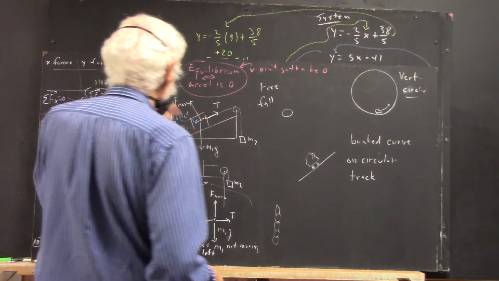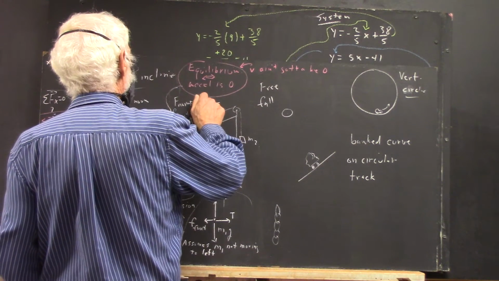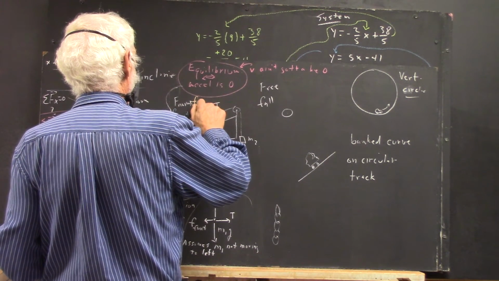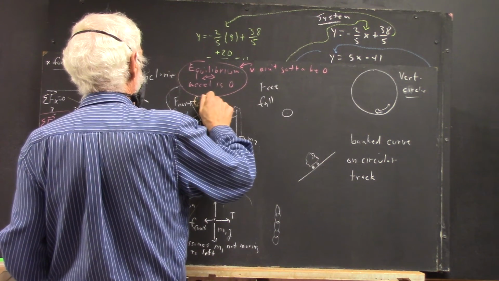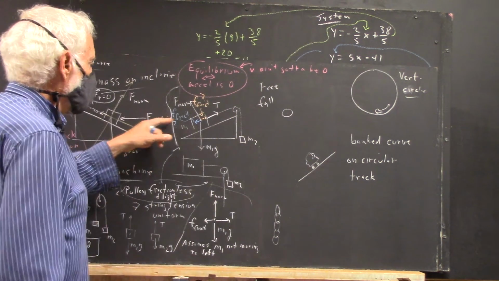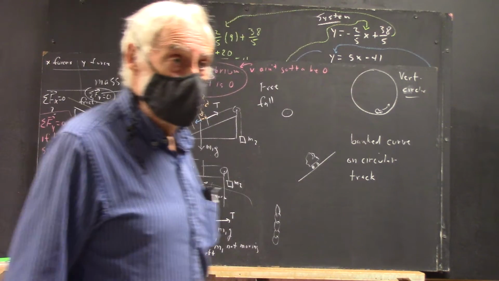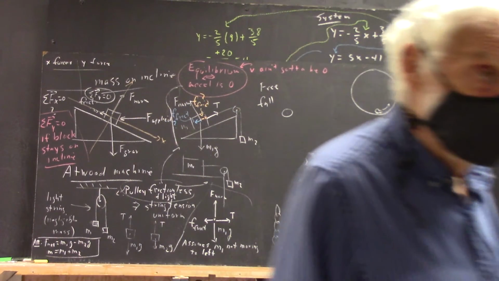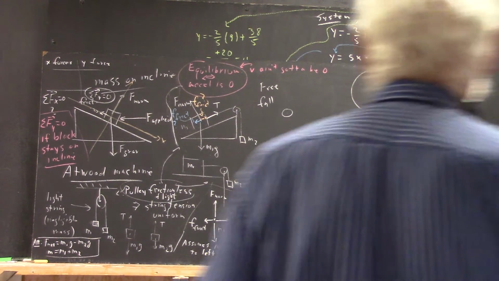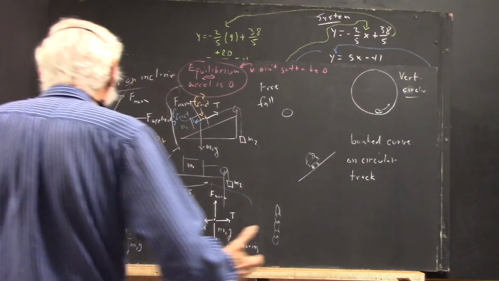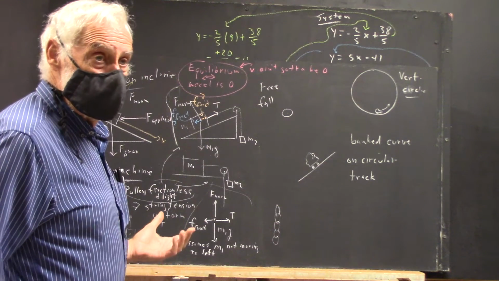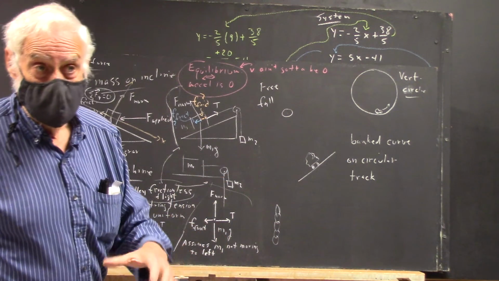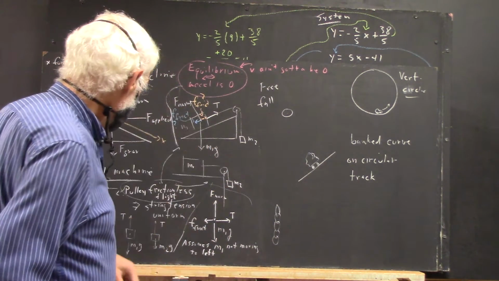Pretty sure what I said is right. Anyhow, it's something you want to think about. So you don't know whether friction's in this direction or this direction. Okay? And you have to consider the motion of the system, the relative forces, and everything. So you've got to analyze a bunch of stuff.